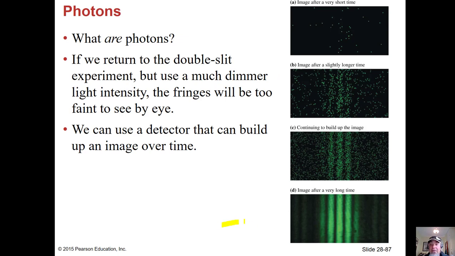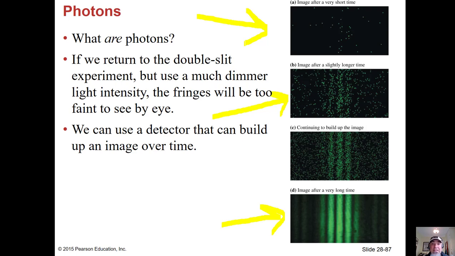After you've run this experiment for a long time, this is more typical of what it would look like. But if you just do this for a small bit, instead of the picture being kind of faded out, you can see individual spots where the electrons were landing. So this is an example of light behaving as a particle.